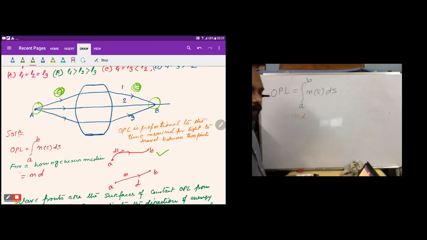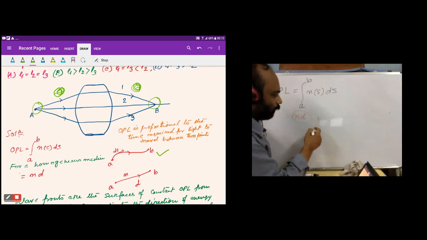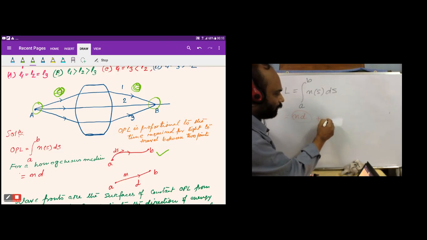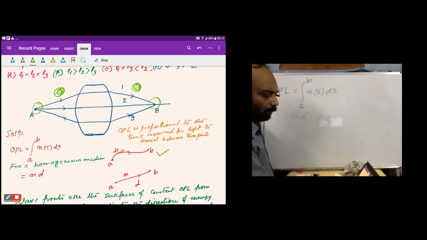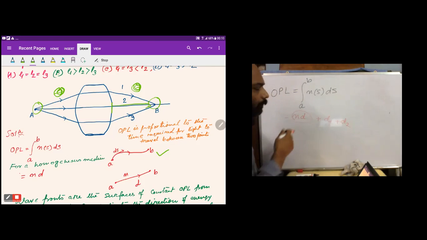So it will be just the summation of ND through the lens plus, the refractive index of air being 1, this distance, say, D1, and then from this side to this is D2.